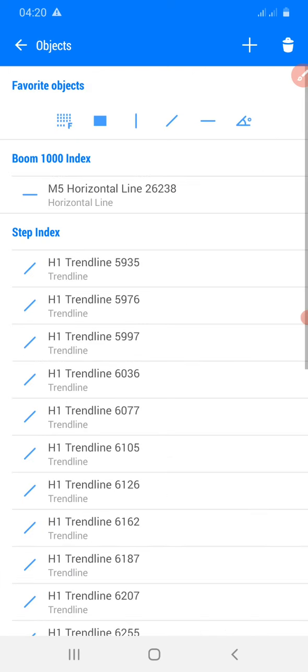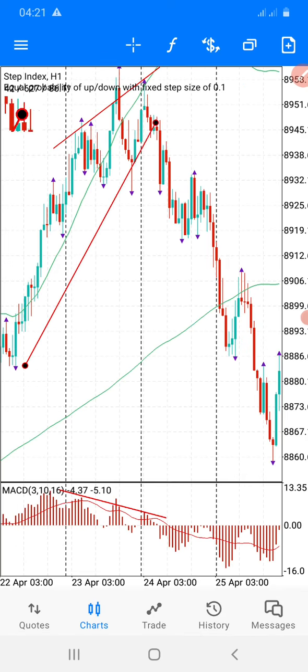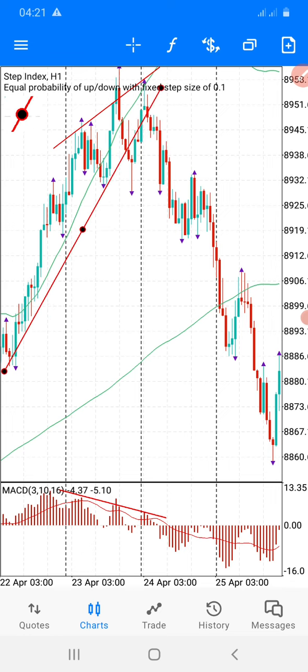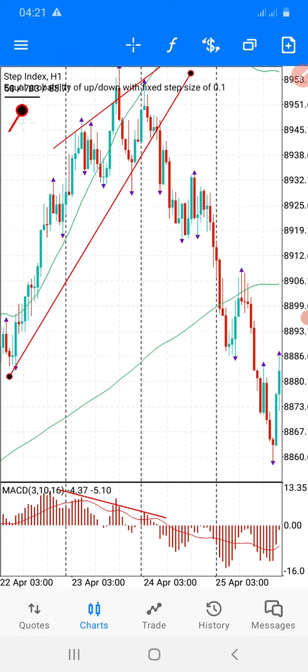One of the first methods is a break of trend line, which is this. You wait for the break of a trend line and then probably a retest of that trend line.